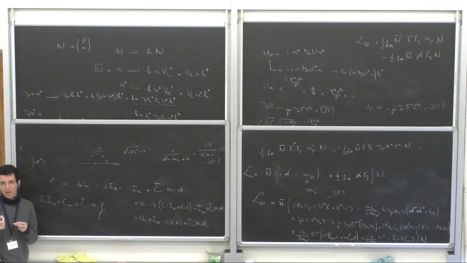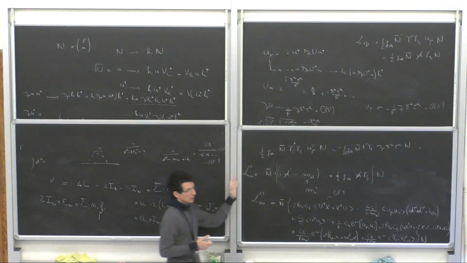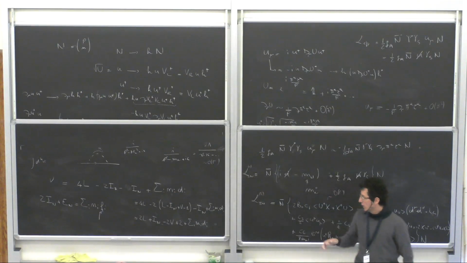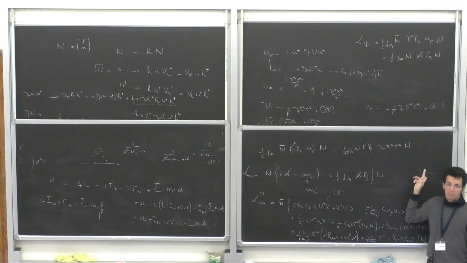Each external line is only attached to 1 vertex. If you count all possible vertices, then you have this equality, where Fi, I repeat, is the number of fermion fields appearing in the vertices of type I.